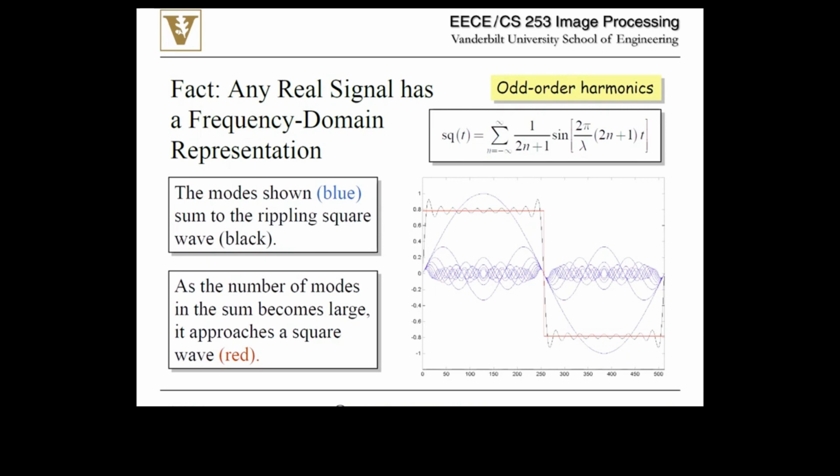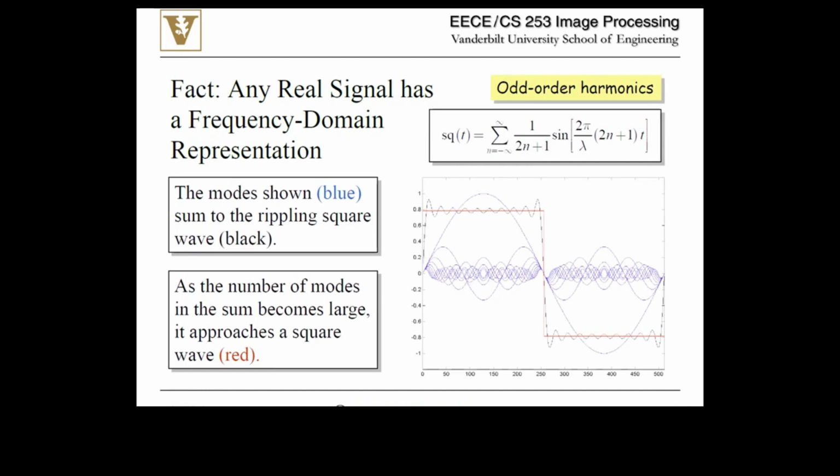This is the fundamental frequency, and the second one has 2 cycles, 1, 2, where the other one has only 1 period, or half a period. Then you would have all the harmonics, all multiples of the fundamental frequency.